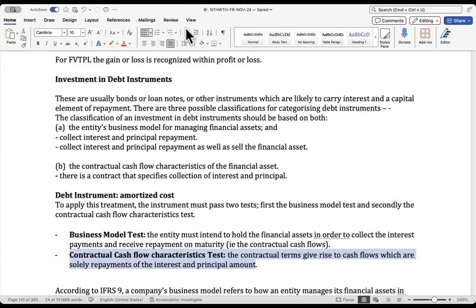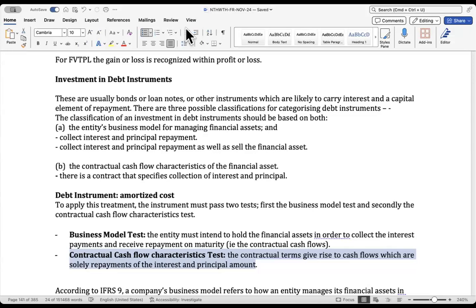Yes, I have a question, sir. Okay, go ahead. Under the debt instrument, we talked about the business model and the contractual cash flow. If the intention of the holder of the debt instrument is to convert it to equity in the future, is that covered under this standard or maybe in a separate standard?